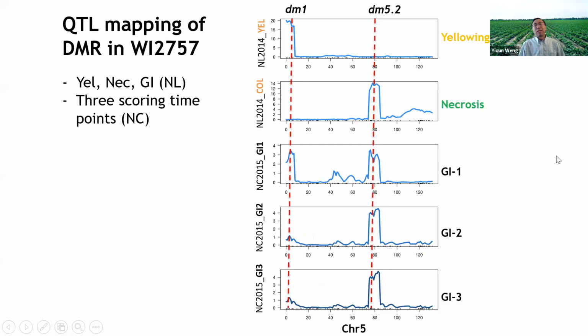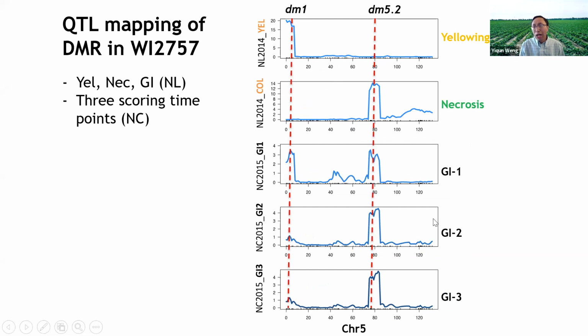But in 2757, it depends on which criteria you use. If we use chlorosis, you only detect DM1. But using necrosis, you only detect a second QTL on chromosome 5, which we named DM5.2.